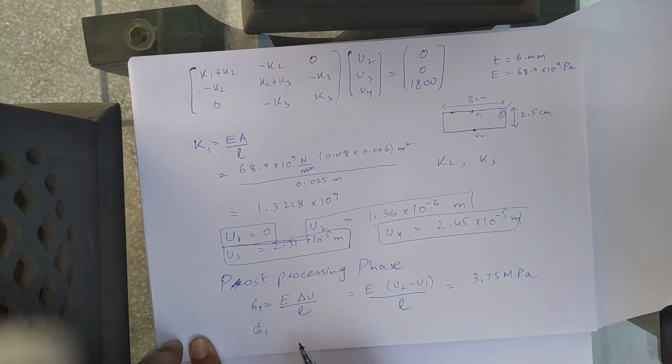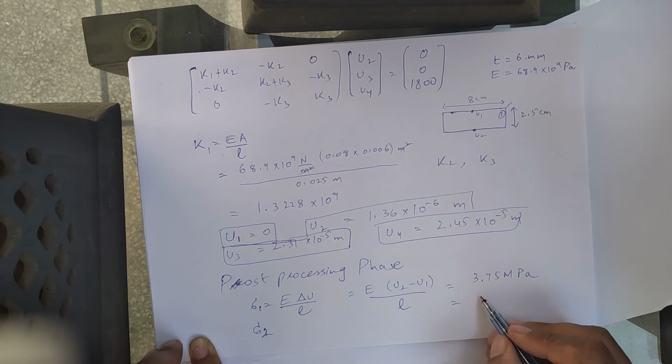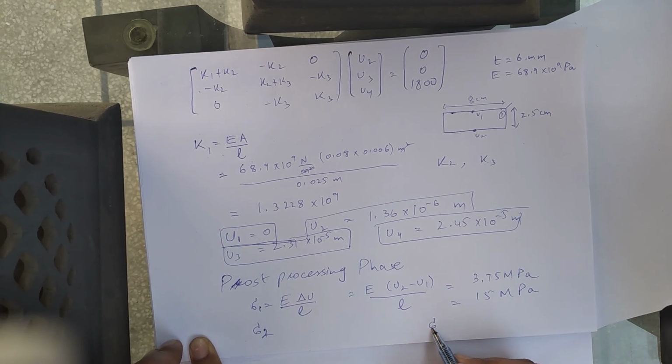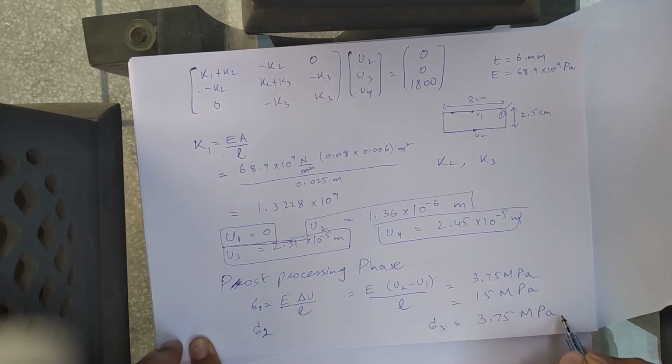Similarly, we will get sigma 2, that is stress in element number 2, that is 15 megapascal, and the stress in element number 3, that is also 3.75 megapascal.